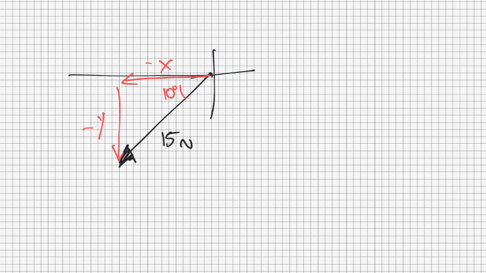I need to be aware of this: this is the positive X direction, this is the positive Y direction, and both components are in the negative. So I need to add the negatives. To find X, that's my adjacent, so cosine of 10 equals X over 15.